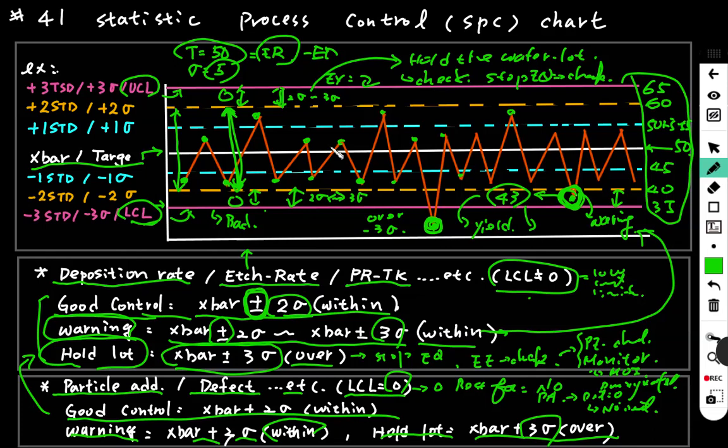We use this control chart to control the process, and we want the monitored particle or every kind of result under control at the 2 sigma area, not over 2 sigma, and even not over the 3 sigma. 3 sigma is our control limit.